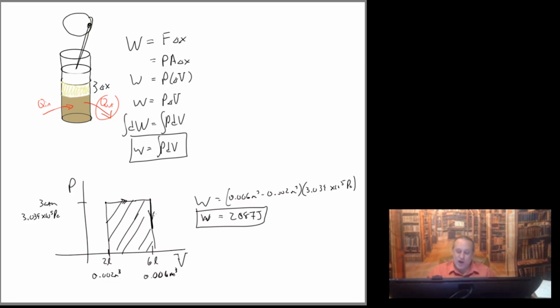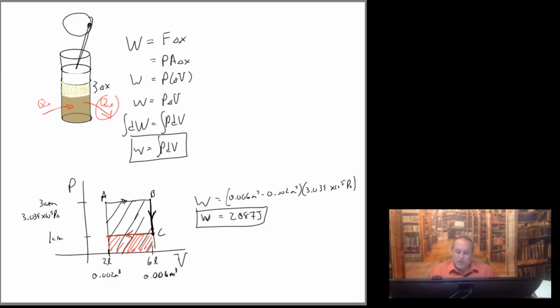Let's say we started at point A, then we went to point B. I cool it down to point C, which is at 1 atmosphere of pressure. And now I can crank it back at a low pressure. When I do that, the work that it costs me is much less.